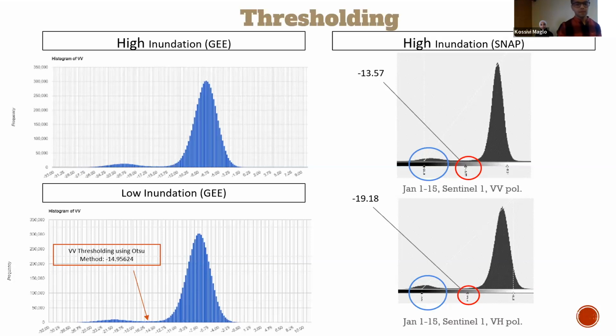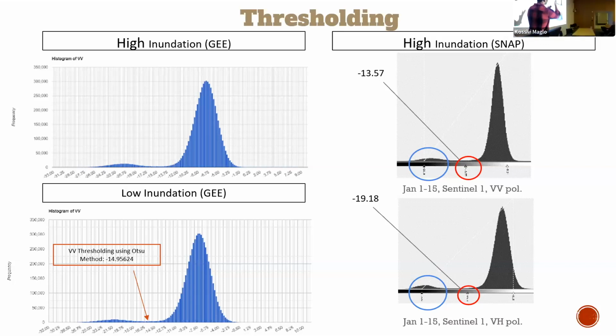This one shows the thresholding technique that we use, which Reem will go over in more detail later. Broadly speaking, the ones on the left were generated using Google Earth Engine, and the ones on the right were generated using Snap. All we're trying to show is that for the high inundation period there is more of a continuum.